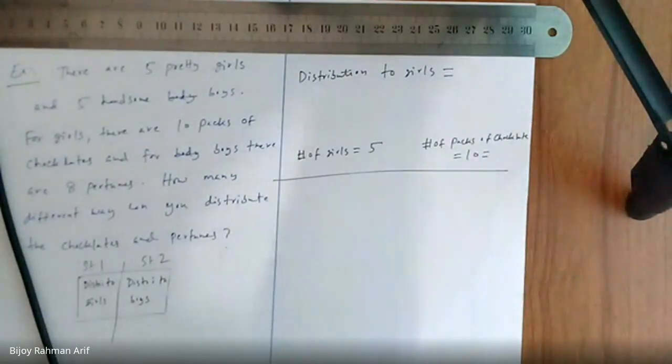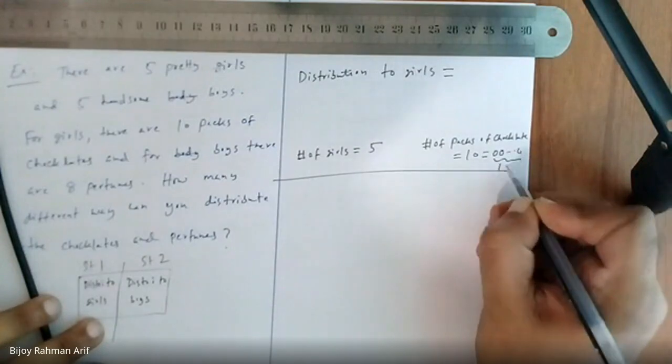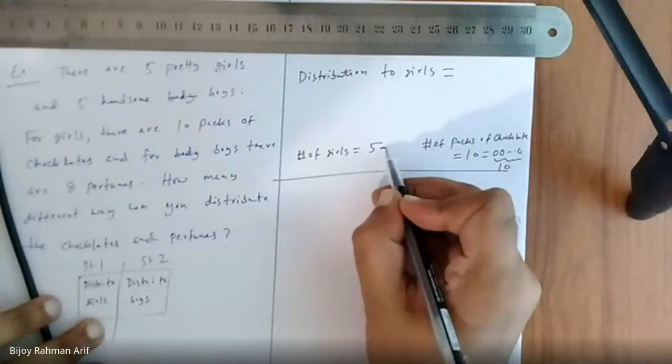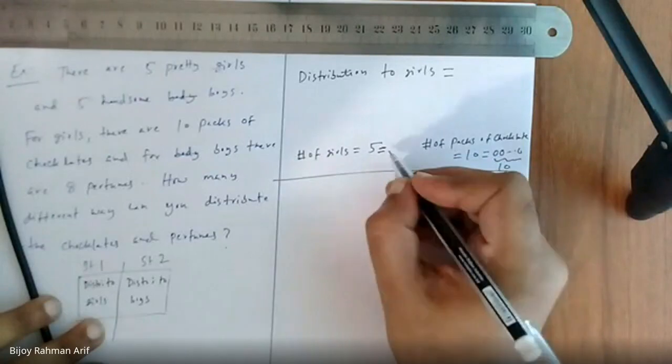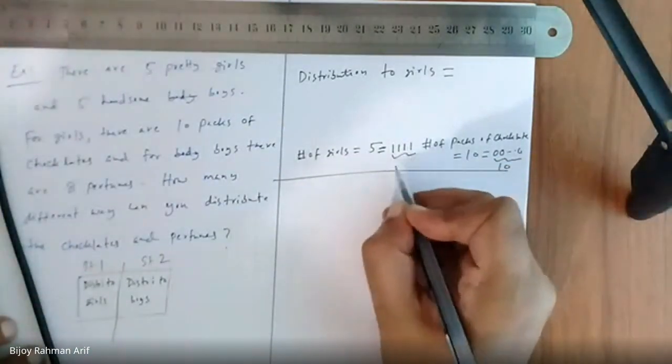Items usually considered as balls, they are the same thing, balls. So these are the balls, 10 balls. And the girls are actually what? Sticks. 1, 2, 3, 4. 4 sticks.